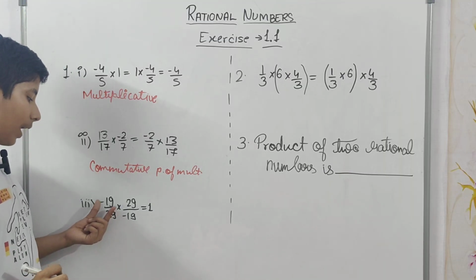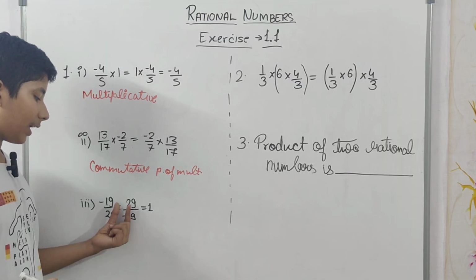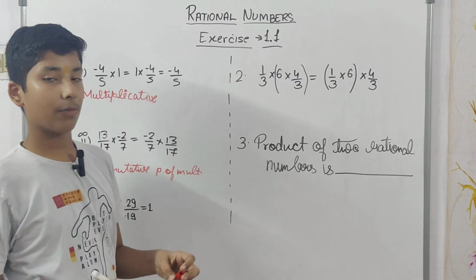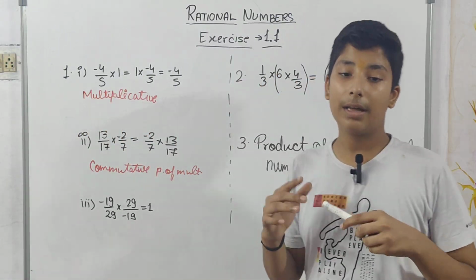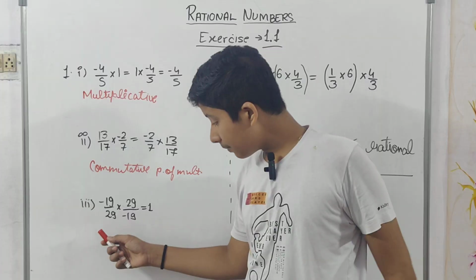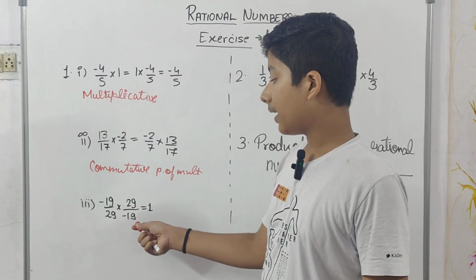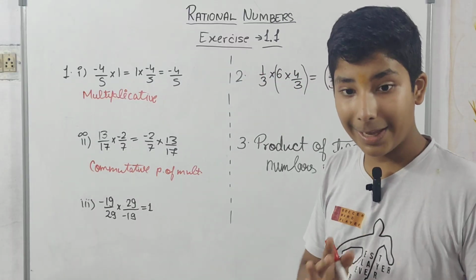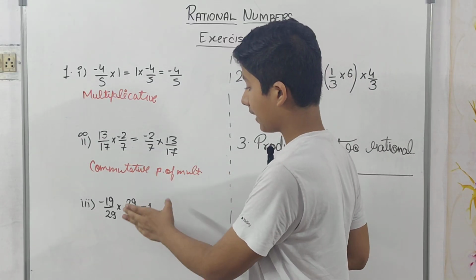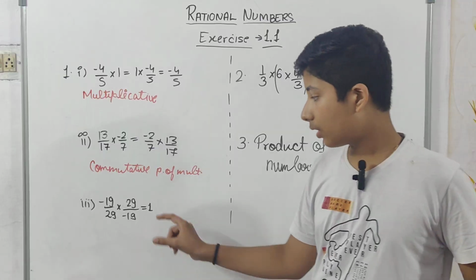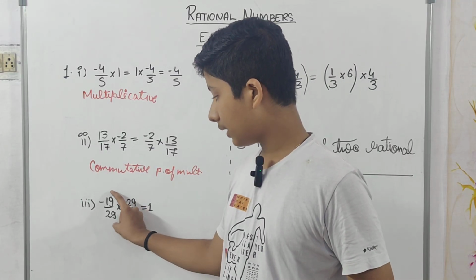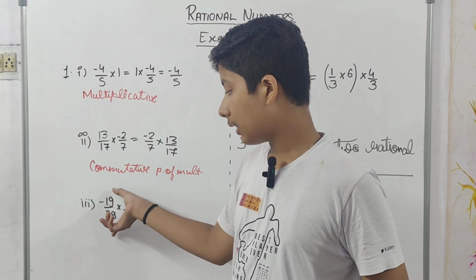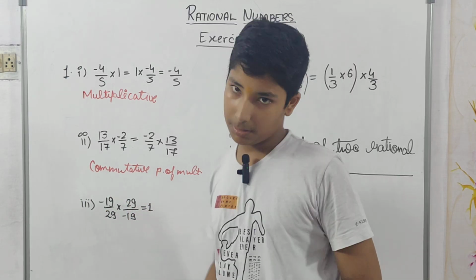Now see, minus 19 by 29 into 29 by minus 19 equals 1. What does it mean? It means that any number multiplied by its reciprocal will always result in the number 1. Yes, it is the multiplicative inverse. This is known as the multiplicative inverse of this number, and this is known as the multiplicative inverse of that number.